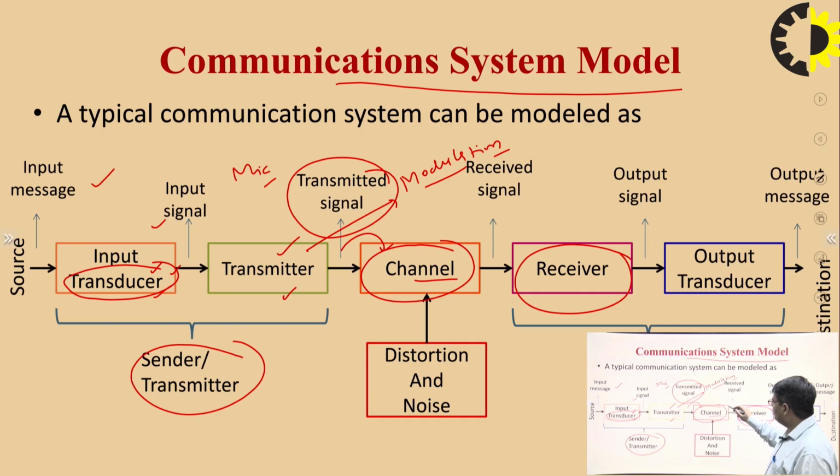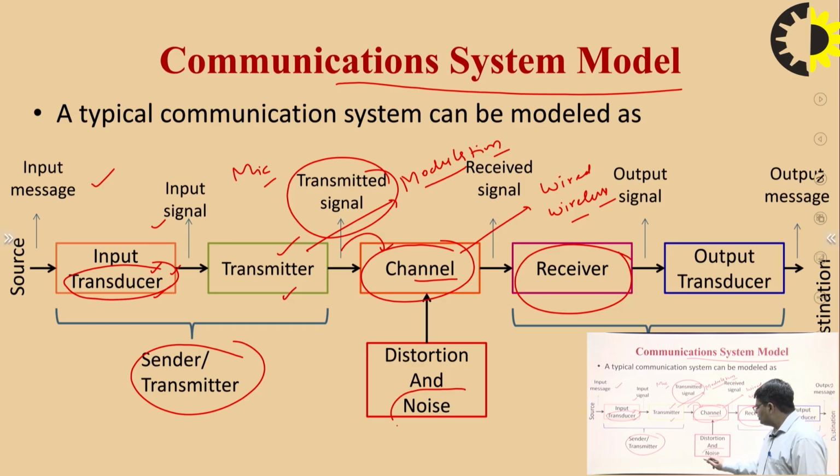This channel can be wired or guided, or it may be a wireless channel. As we have discussed, the wired channel can be, for example, coaxial cable, optical fiber cable or twisted pair copper wire, and in the case of wireless, it may be free space. Now, noise and distortion get added to the transmitted message signal in the channel.